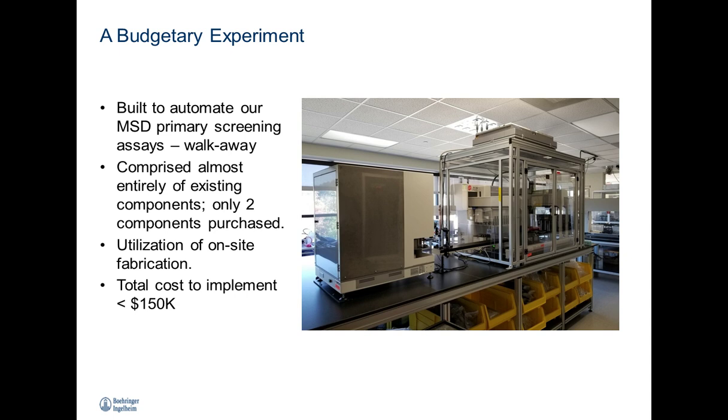We wanted to build a platform to automate our MSD primary screening in a walk-away fashion, while also making use of components that were left over from a previous screening platform that has been discontinued to make the most of the equipment that we had. As I said, it was composed almost entirely of existing components, with only two needing to be purchased new.